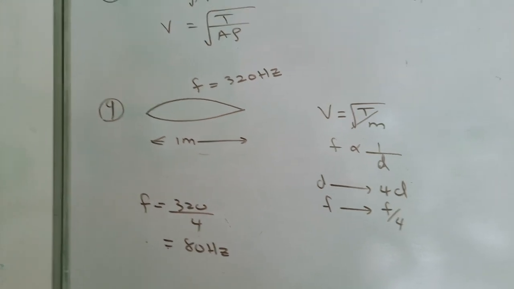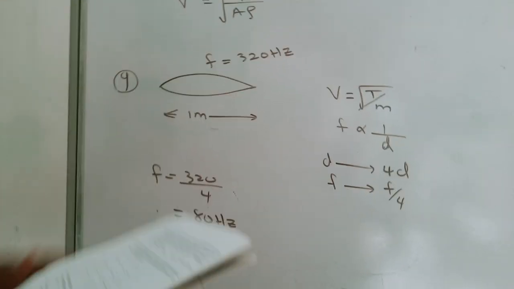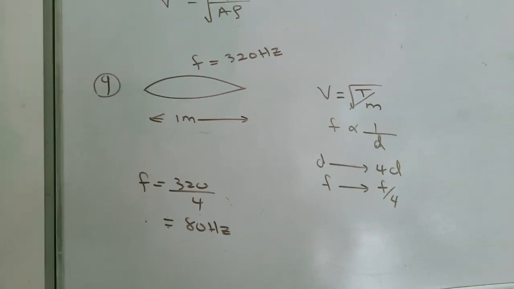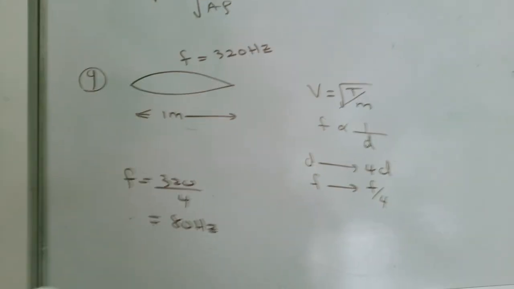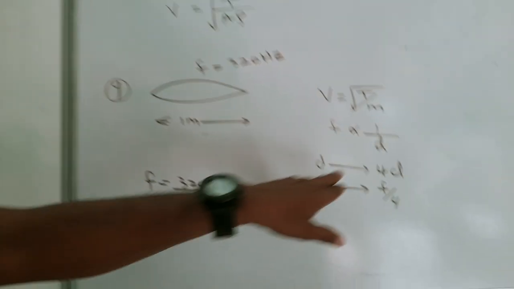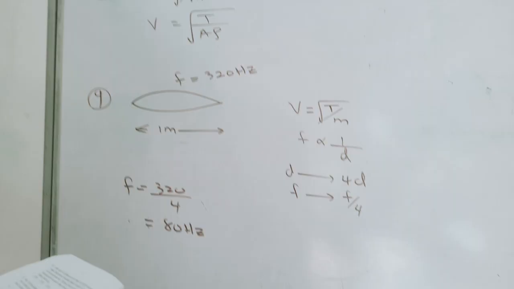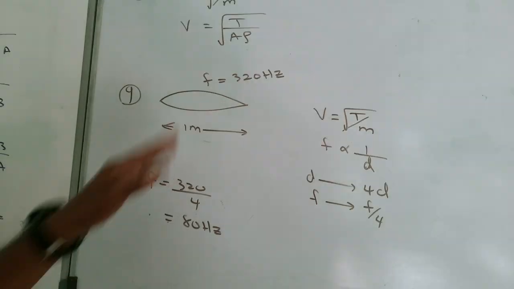Then the ninth question. The frequency of the fundamental note of a transverse wave of a stretched wire, 1 meter long, is 320 hertz. The second wire is of the same material, same density, same length, under the same tension, with only a diameter difference.